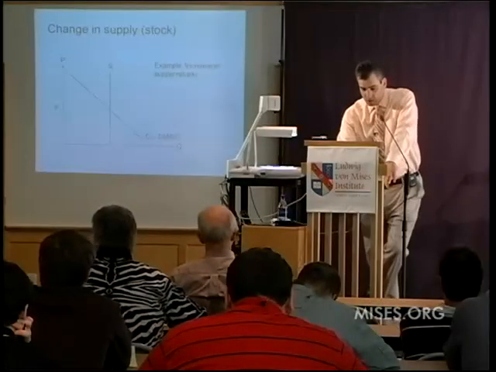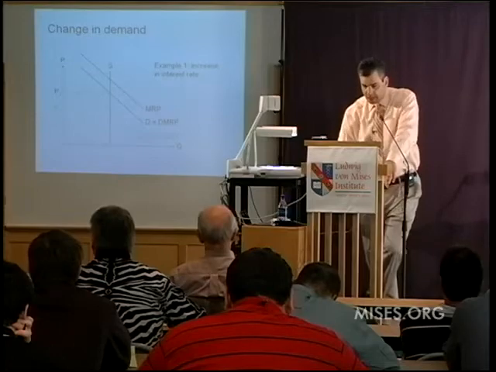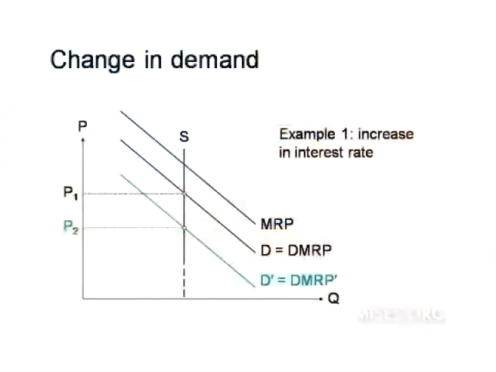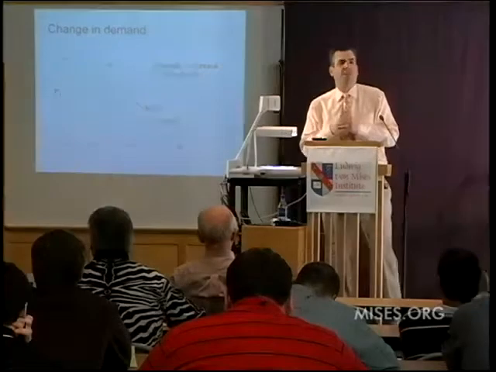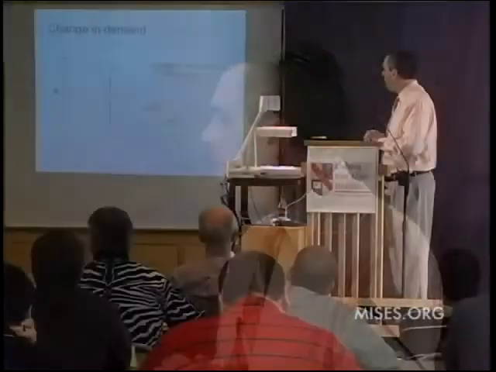Okay. Let's look at a couple of different examples of changes in demand. First example, suppose that there's a change in the interest rate. Suppose that interest rates rise because of contractionary monetary policy by the Fed. Right?